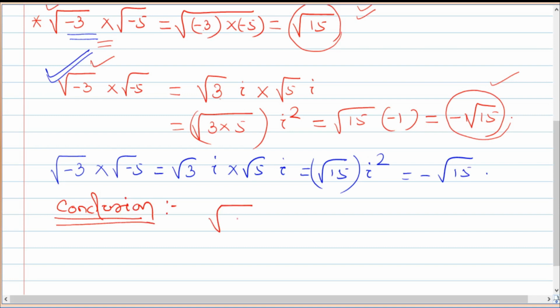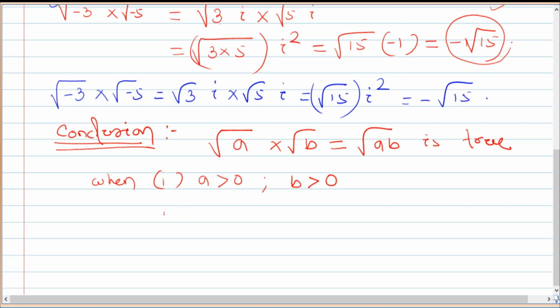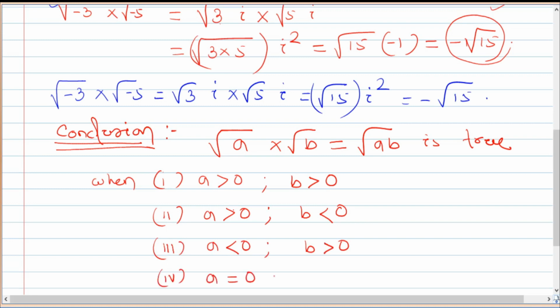That means root A into root B is equal to root AB. This is true when A greater than 0 and B greater than 0, second, A greater than 0 and B less than 0, third, A less than 0 and B greater than 0, or both of them are 0, A equal to 0 and B equal to 0.